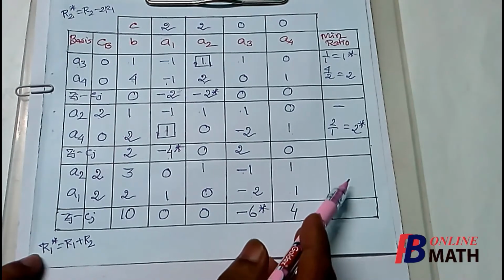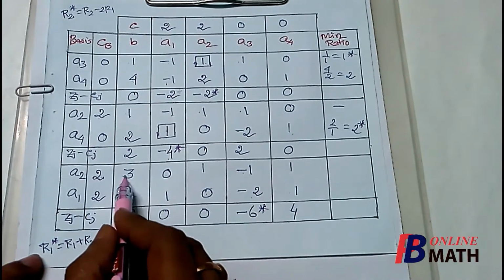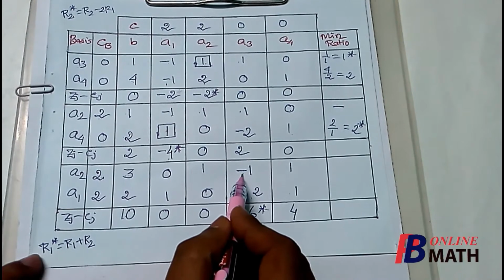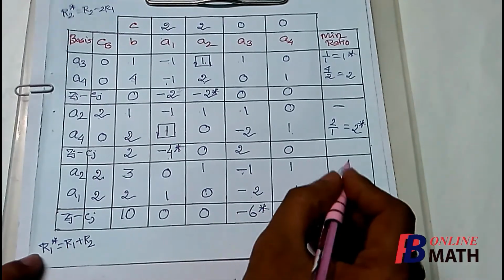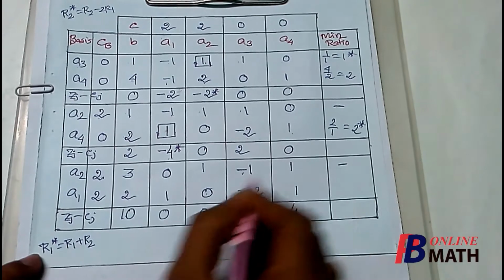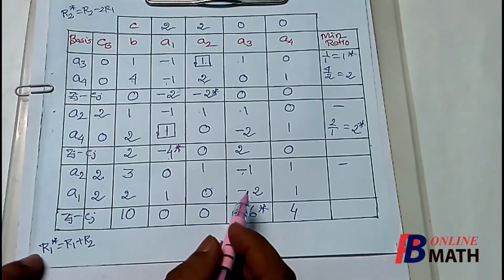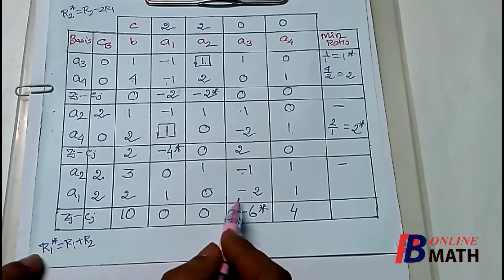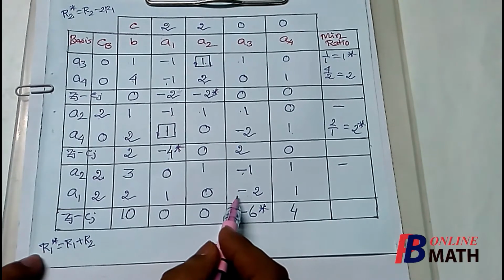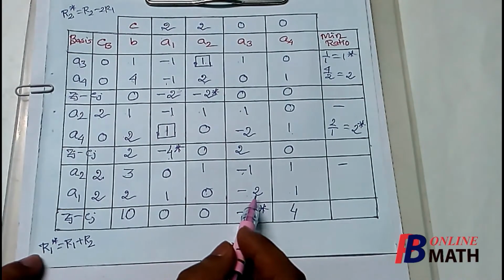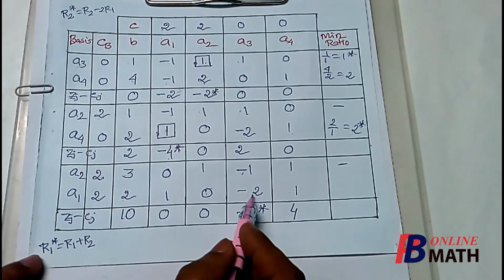Here we find that the first ratio will be 3 by minus 1, which is minus 3, but we will not take the negative ratio, so this ratio cannot be found. The next ratio is 2 by minus 2, which is minus 1, again negative, so we will not select this ratio either.